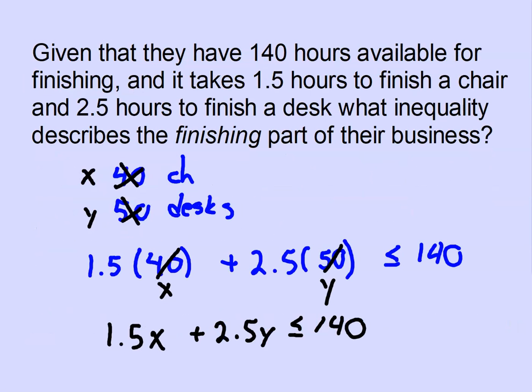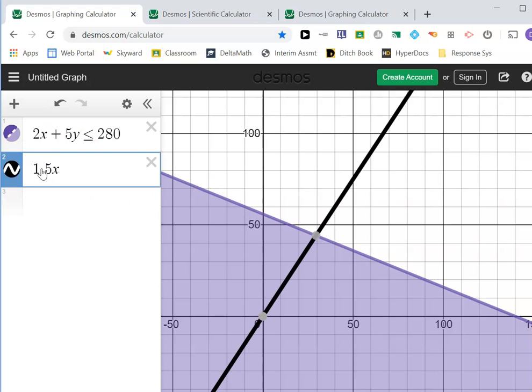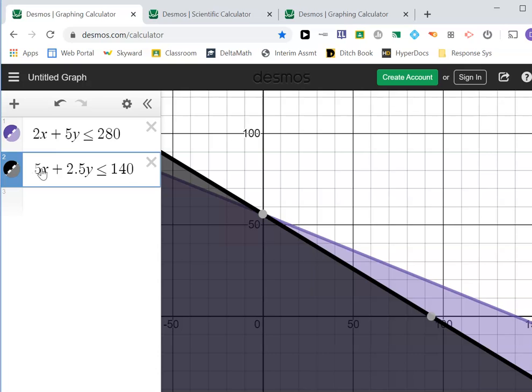What I can do is say this. Let me put this on the graph, and you'll see different combinations that you can and can't make. Okay, so go back to the graph, and we'll type in 1.5x plus 2.5y is less than or equal to 140.